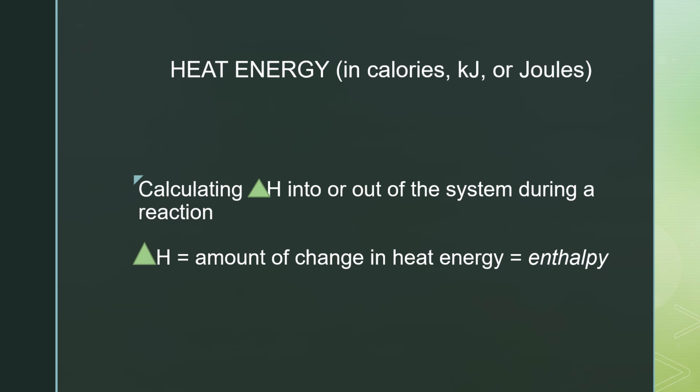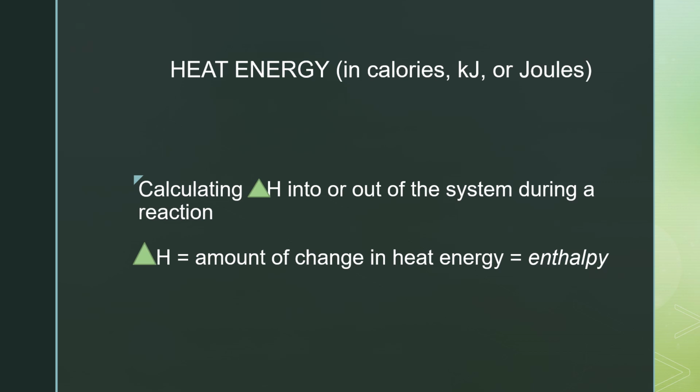Now, the thermodynamics calculations are all geared to do one thing, and that is to calculate the amount of heat that is transferred either into or out of the system during the reaction. So either the substance absorbs heat or it gives off heat during the reaction.